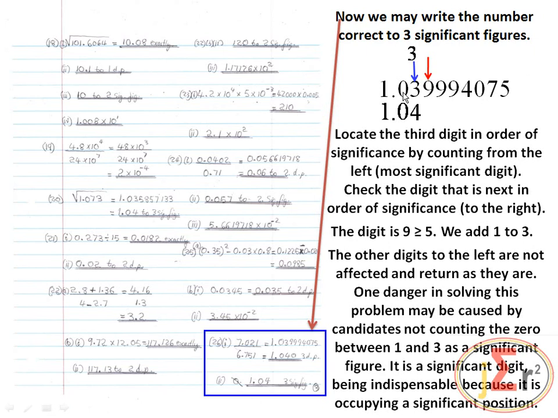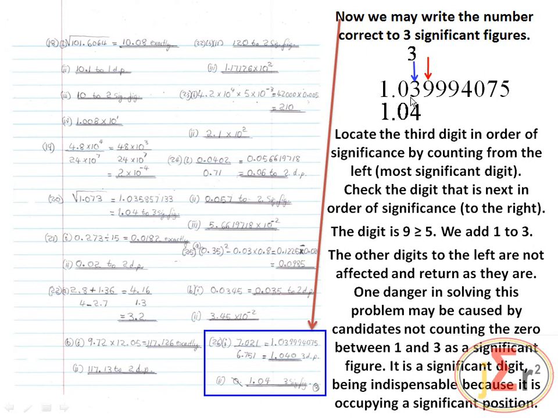So this 0, we cannot eliminate it, because its presence here helps to modify the place values that we have here.